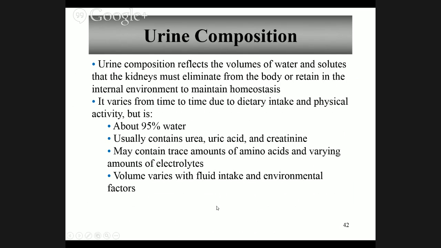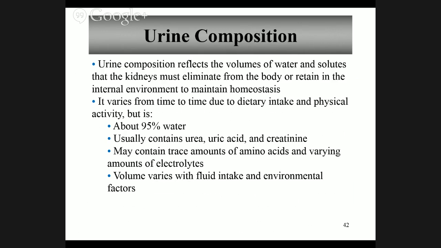Urine composition usually reflects the volumes of water and solutes that the kidneys must eliminate from the body or retain. So it's either elimination or retention in the internal environment to maintain homeostasis. It's going to vary from time to time due to dietary intake and physical activity, but normally it's about 95% water.